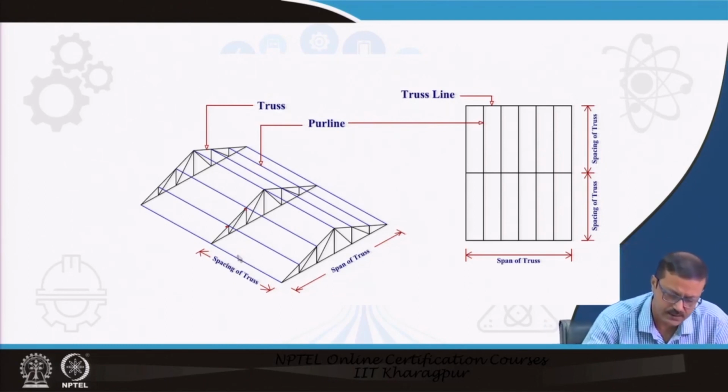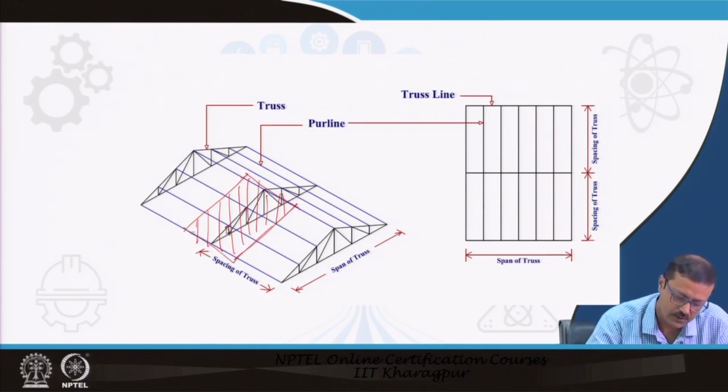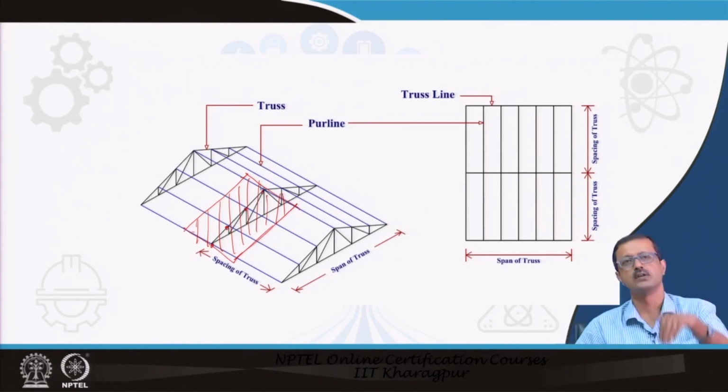Say this portion is the roof covering. The load of the total roof covering is transmitted by these 4 purlins to the particular truss, to its 4 nodal points. We can find out the dead load, live load and wind load, and give those values of load to these 4 points.